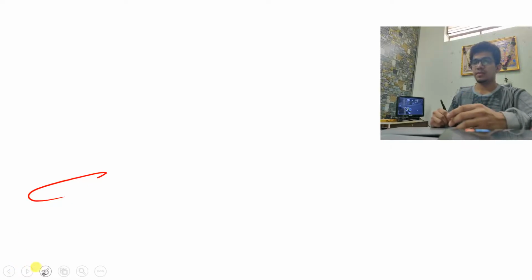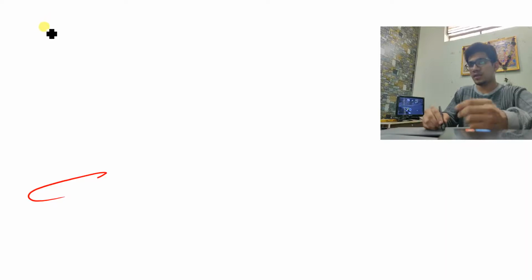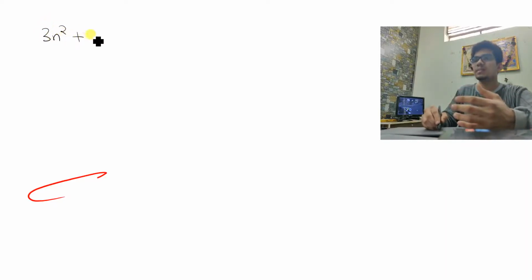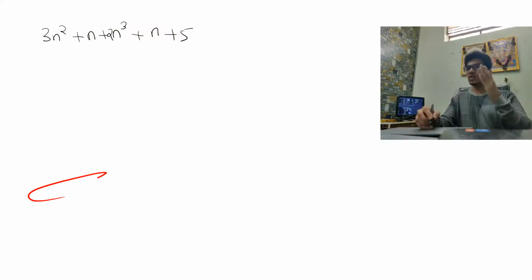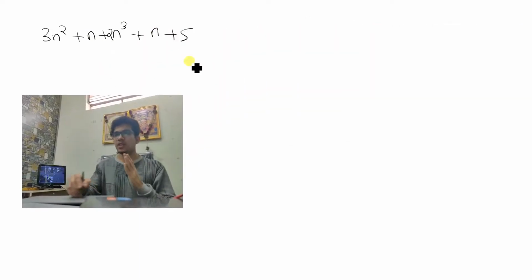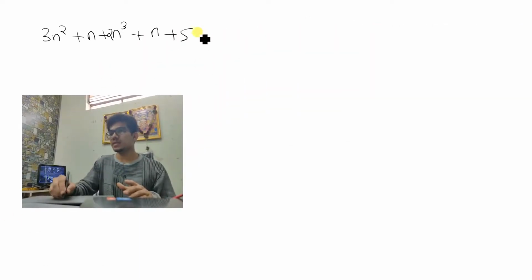So I'll choose a color. If I had a program which will execute for 3n square plus n plus n, let's say 2n cube plus n plus 5, okay. If you had something like this, what will be its time complexity? I'll tell.